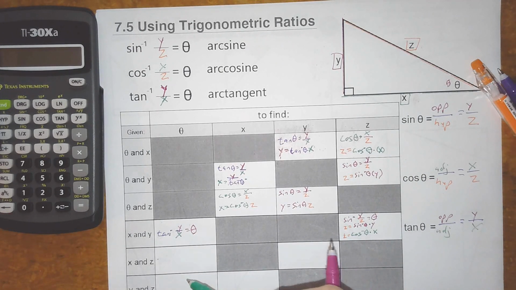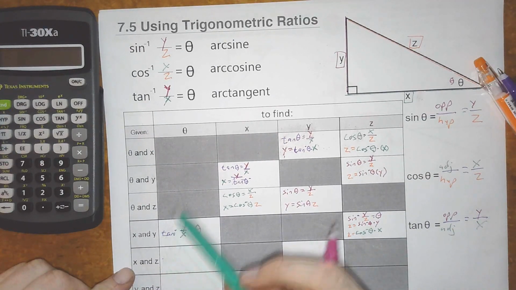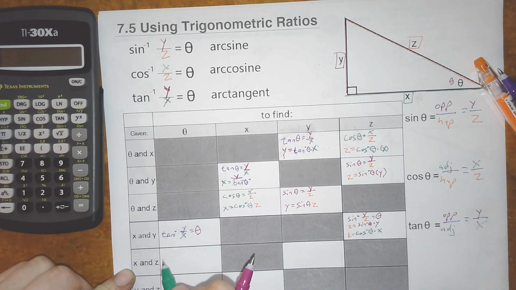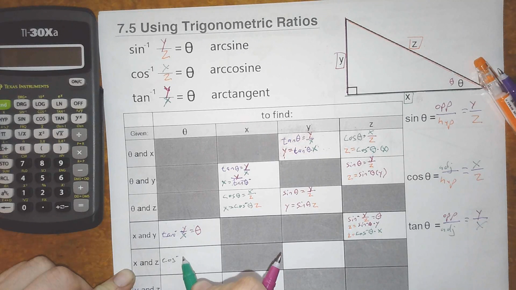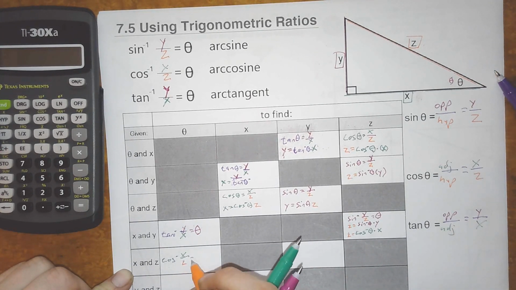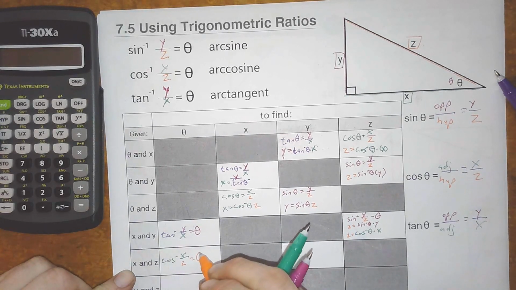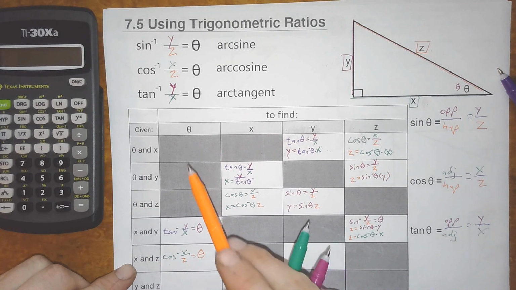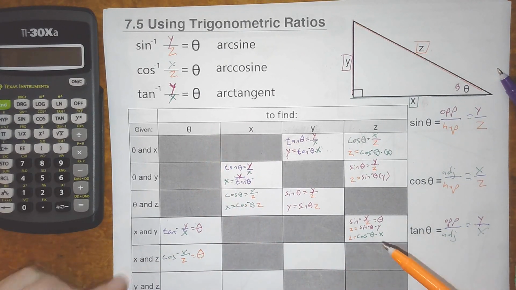If I know x and z, it's going to be the arc cosine, right? So the arc cosine of x over z equals theta. Okay, that's the definition of arc cosine. That's how I figure out what theta is.